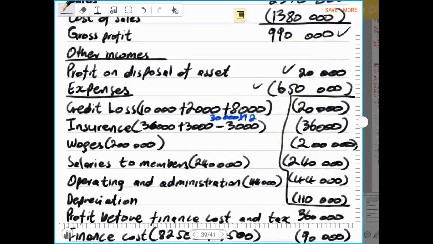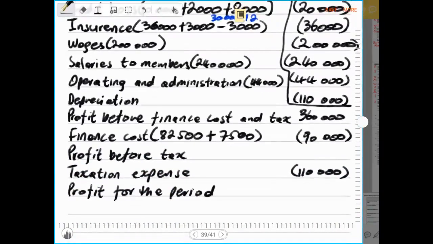Let me just confirm that. 990,000 plus 20,000 minus 650,000. That gives us accurately 360,000 rands. Then after we subtract 90,000 rands, that gave us 270,000 rands.